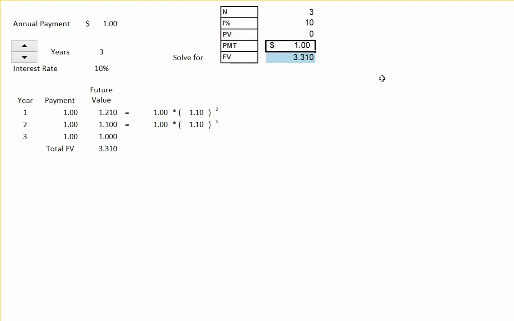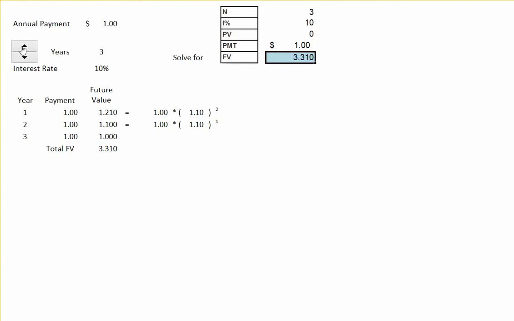Our payment would be the $1 annuity, and we can then solve for the future value, and we get $3.31. As with lump sum amounts, we can consider this future value when we have a $1 annuity payment to be what we refer to as our future value of an annuity factor for 3 years and 10%.